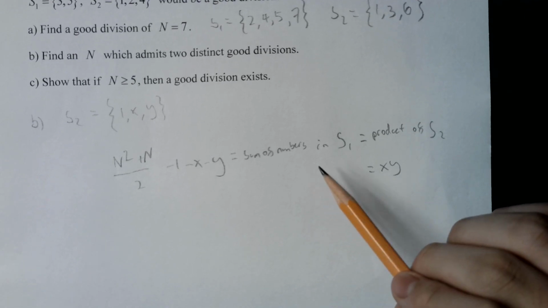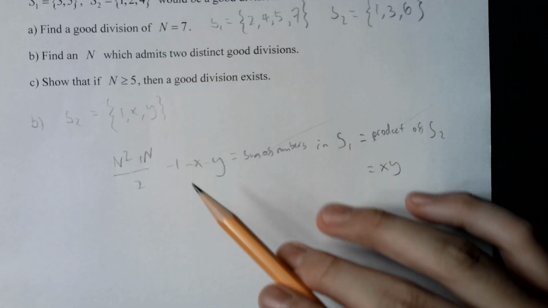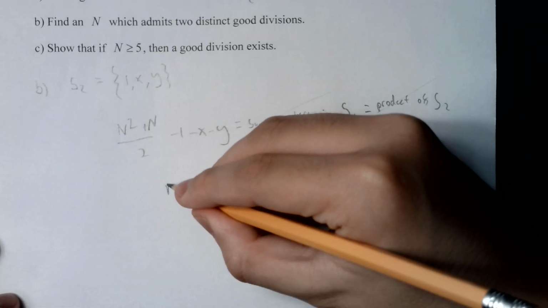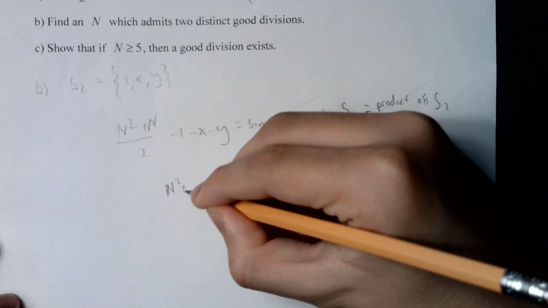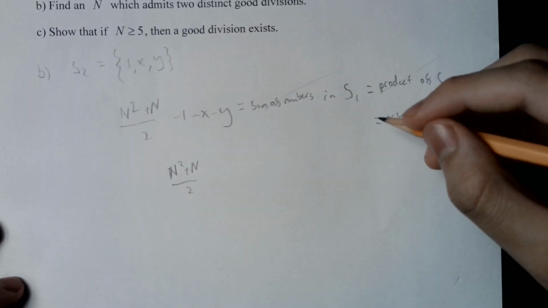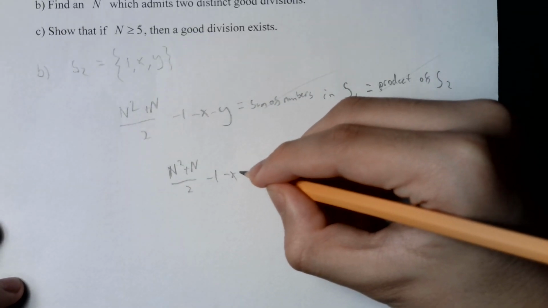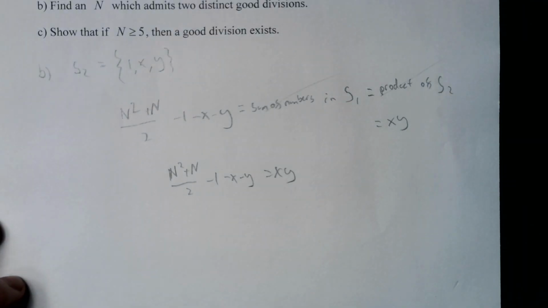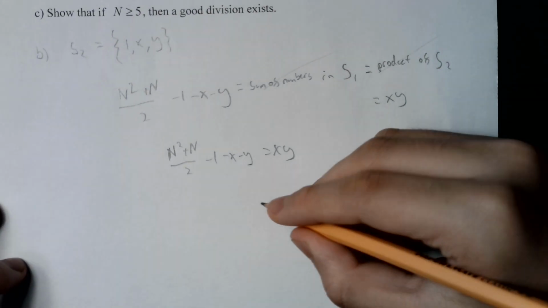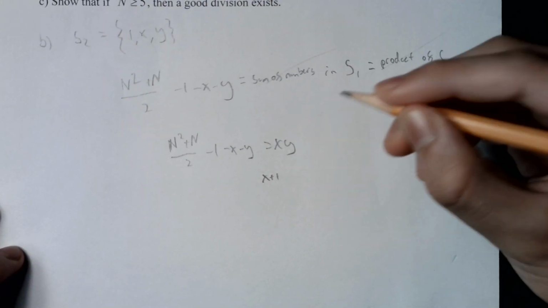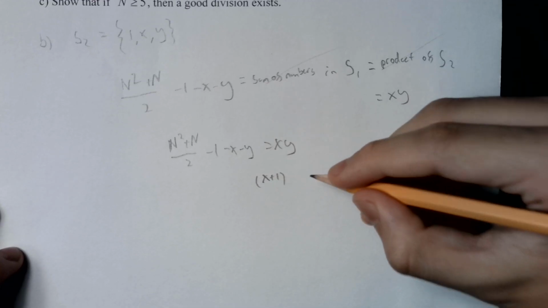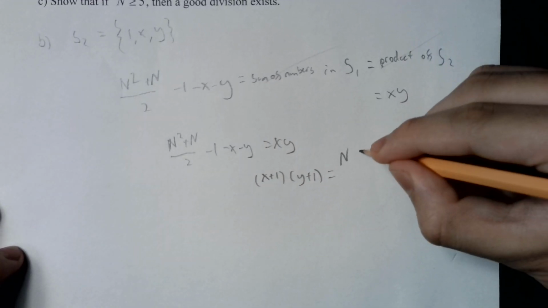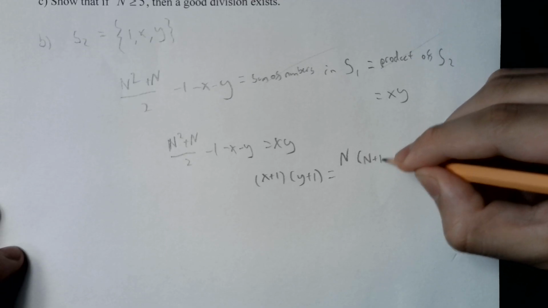So we can now look at these two relations here. So we get (n squared plus n) divided by 2 minus 1 minus x minus y, and this is going to be equal to xy, right? And we can rearrange it into (x plus 1) times (y plus 1) is going to be equal to n times (n plus 1) divided by 2.